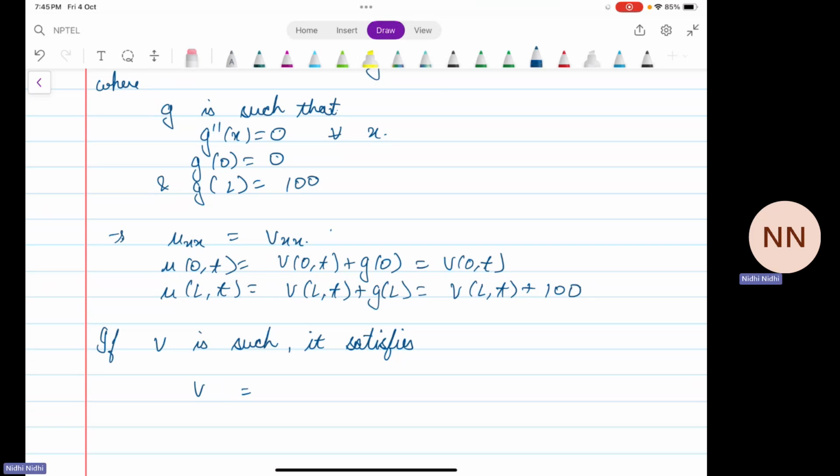from here we have u_t equals v_t, v_t equals k squared v_xx. Then we have v(0,t) equal to 0, which is equal to v(L,t).